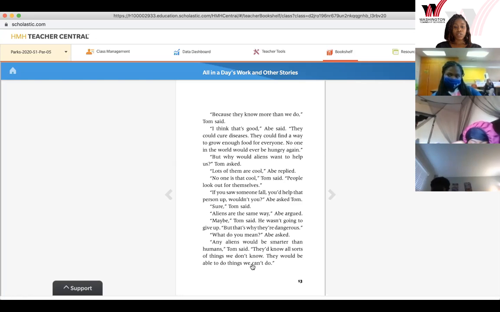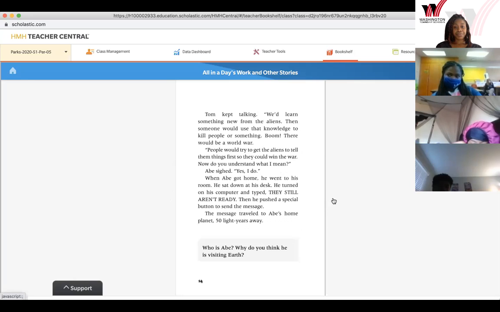They will be able to do things we can't do. Tom kept talking. If we learned something new from the aliens, then someone would use that knowledge to kill people or something. Boom, there would be a world war. People would try to get the aliens to tell them things first so they could win the war. Now, do you understand what I mean? Abe sighed. Yes, I do.